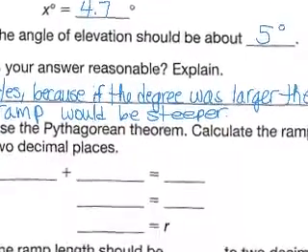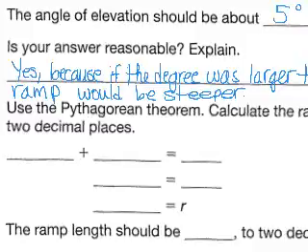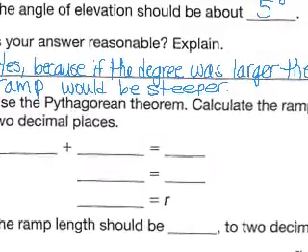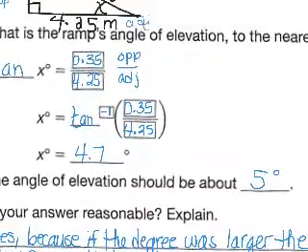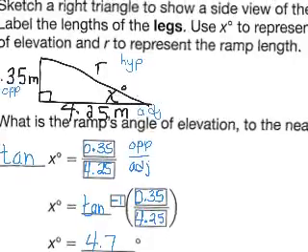Now we're going to use the Pythagorean theorem to calculate the ramp length, the r, to 2 decimal places. So we're just going to put our reminder just over here what our Pythagorean theorem is. So remember, we're taking a squared plus b squared equals c squared. And if we look back at our triangle over here, c squared always has to be the hypotenuse.